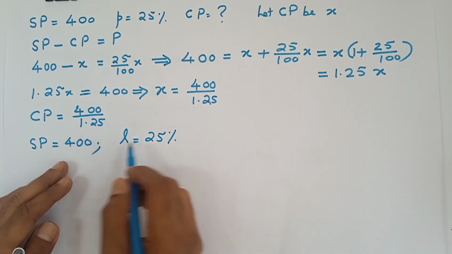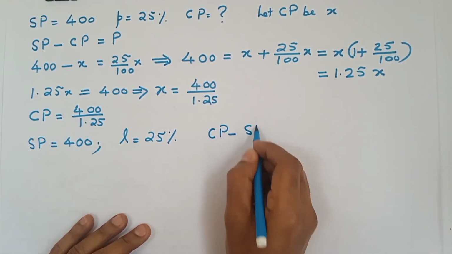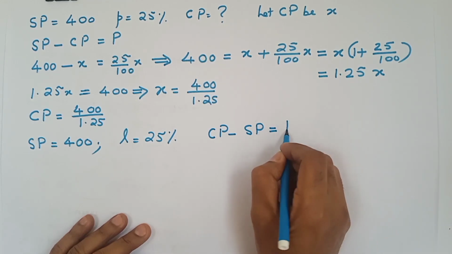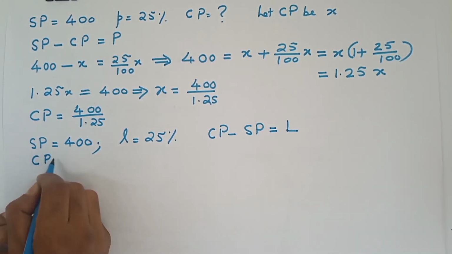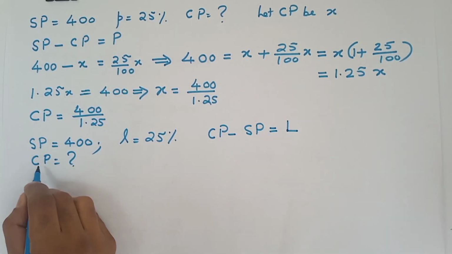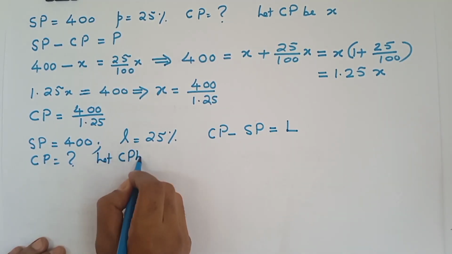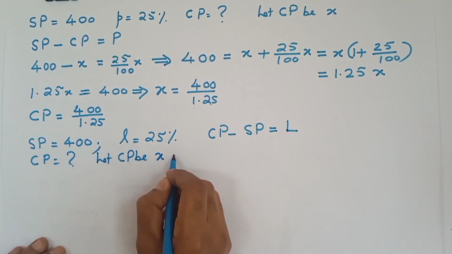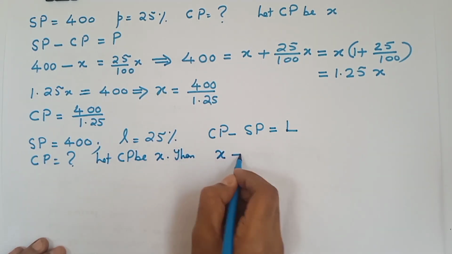Now for loss, as you know, CP is bigger than SP. This is the basic result. Now we are finding what? CP. SP given, loss percentage given. How to find out CP? Let CP be, say, X. Then you will write X here.